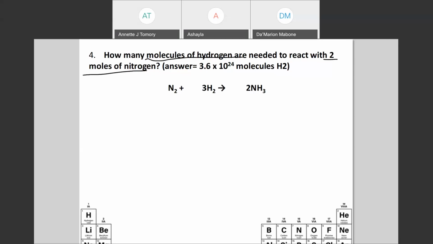Your X goes under the hydrogen? Very good. It will be molecules, because that's the unit they're asking for. React with 2 moles of nitrogen. What am I going to do with that? Write that under the nitrogen. The 2 moles.